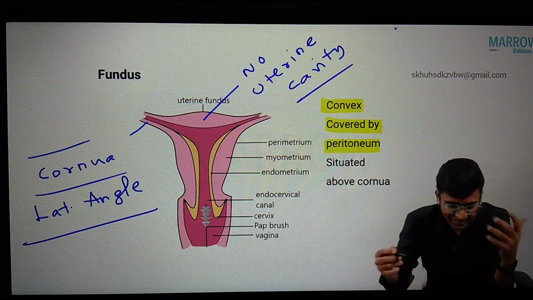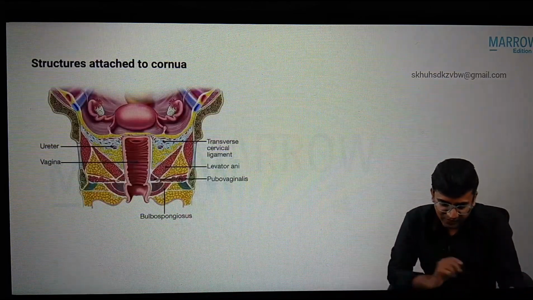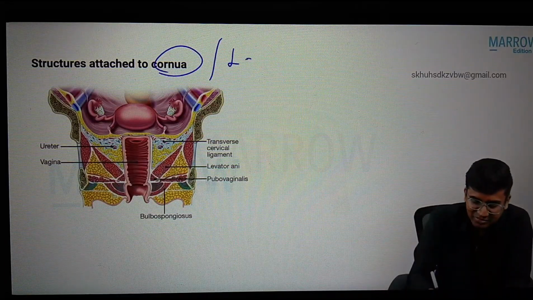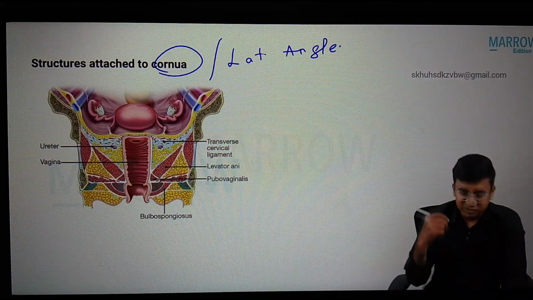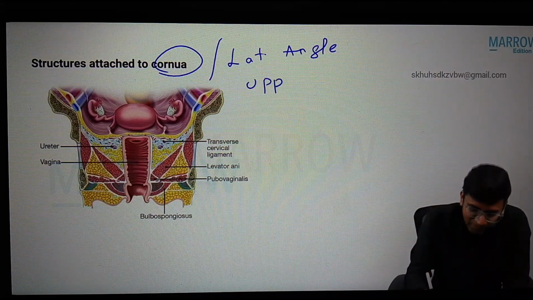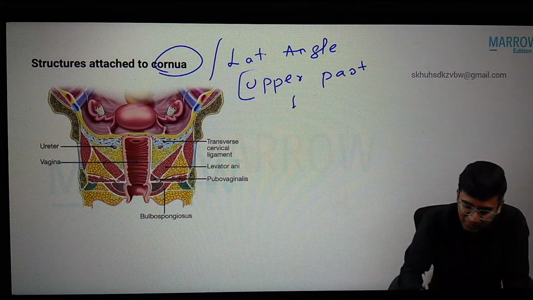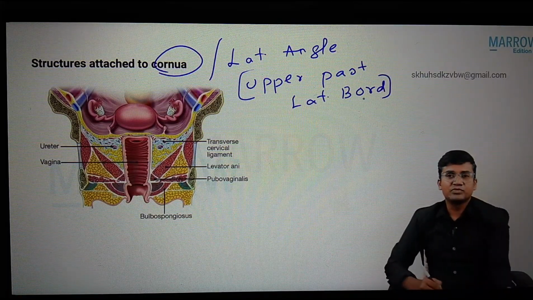The fundus is a part above the lateral angle, above the cornua of the uterus. What is cornua? Cornua is the lateral angle of the uterus. It is the upper part of the lateral border of the uterus.